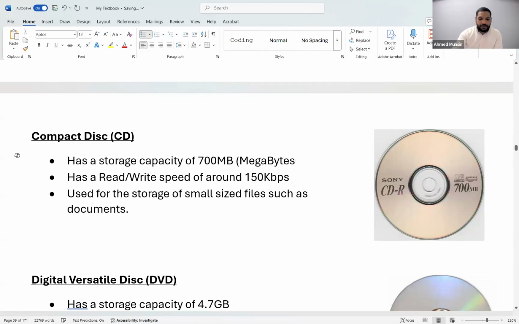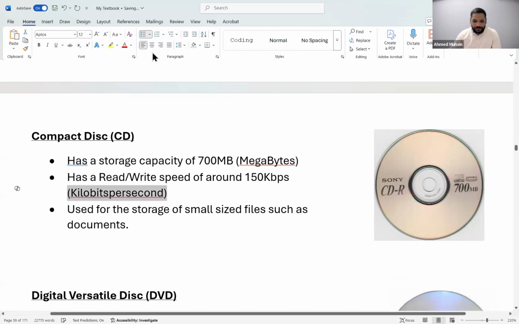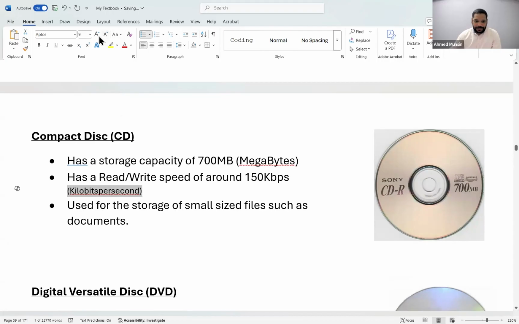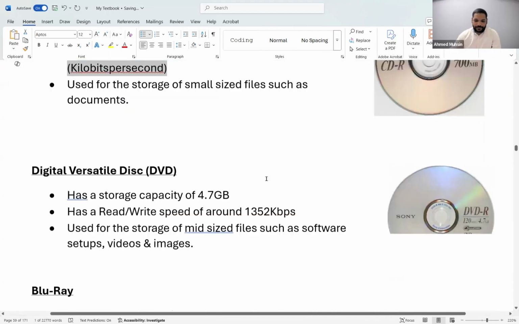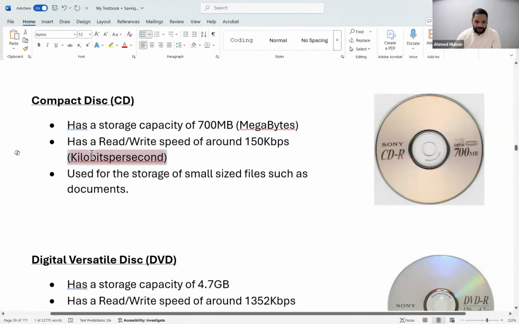Megabytes. I haven't taught you storage units yet. We will be learning it later on. Then can you all note down this also? Kilobits per second. KBPS means kilobits per second.